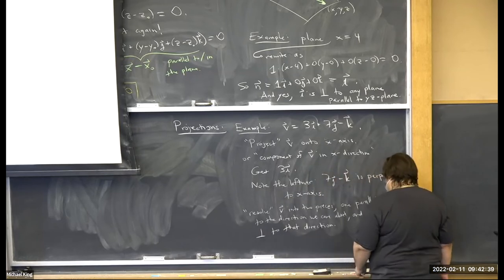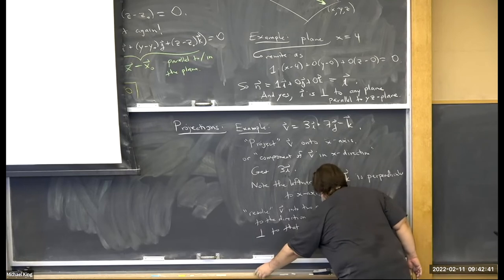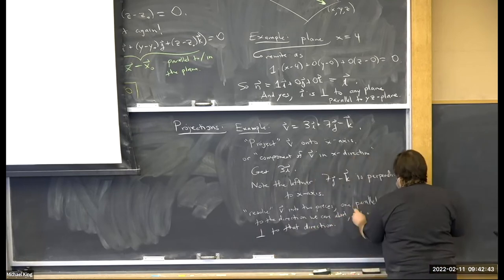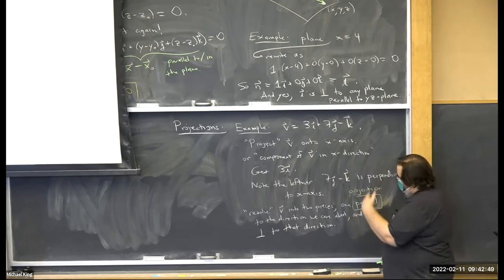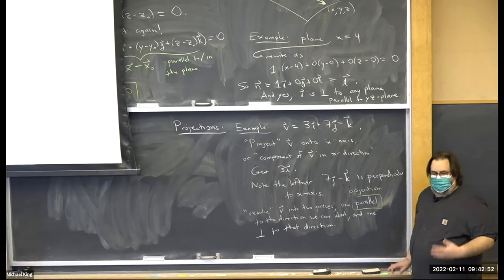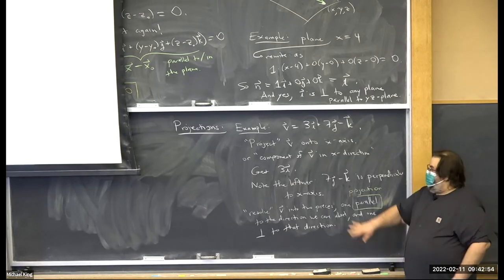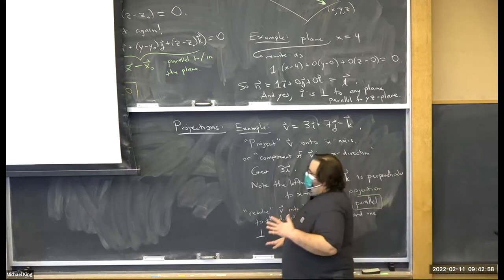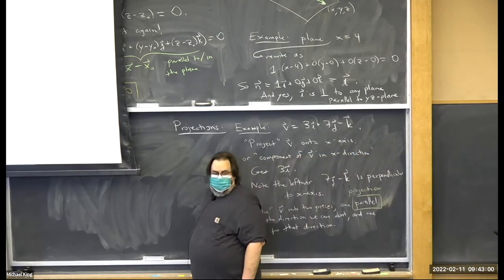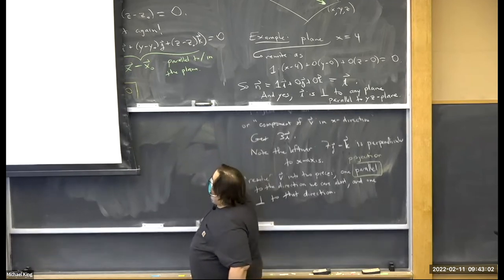The piece that's parallel is called the projection. In cases where we're trying to go parallel to the x, y, or z axes, it's trivial once we write the vector down. But what if I want to project onto some other line, some other direction? That's really the question here.